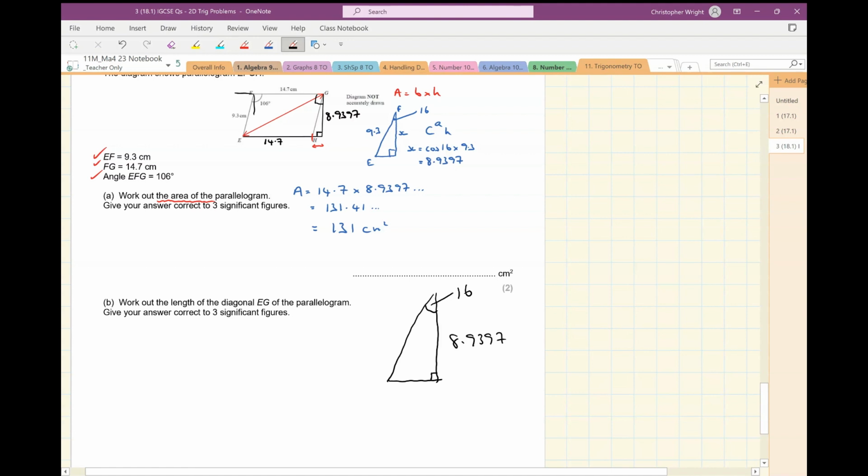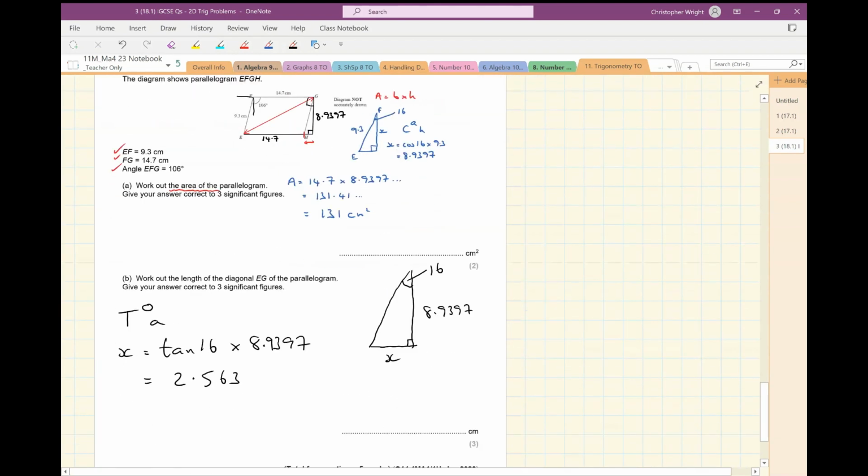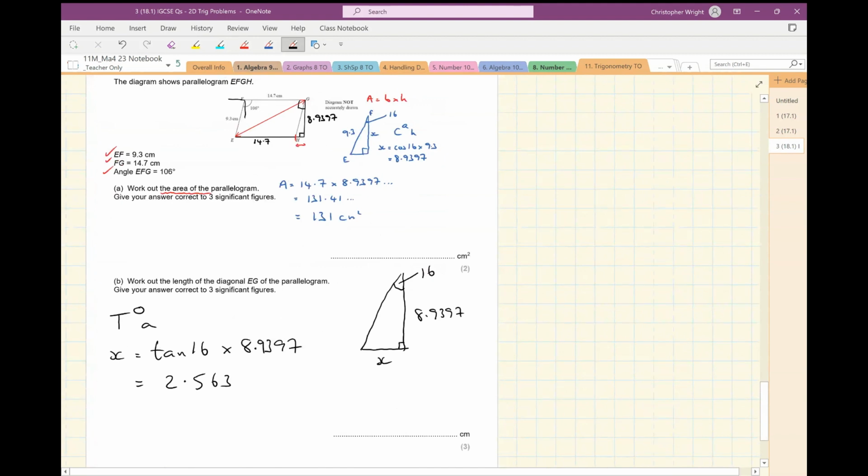So that's 16, and I could work out that length there, couldn't I? Right, I'm going to use tan to do that. So TOA, I'm working out the opposite. X is going to be tan the angle times the adjacent. Okay, so that gives me a little length there of 2.563.